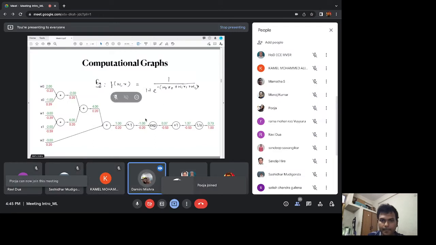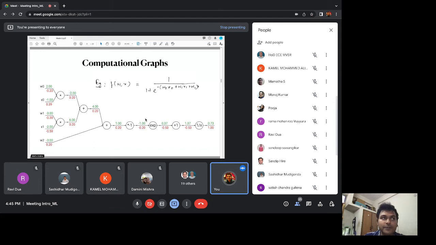But sir, there are 2 inputs now, so there should be a derivative with respect to x0 and x1 only. No, first of all, you cannot take derivatives with respect to inputs, because you cannot change your inputs. So the only things that you can change are w0, w1 and w2. Ideally you should take derivatives only with respect to w0, w1 and w2.